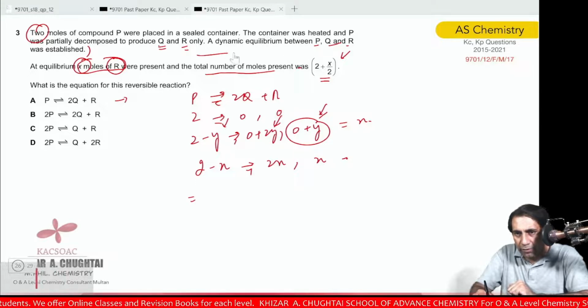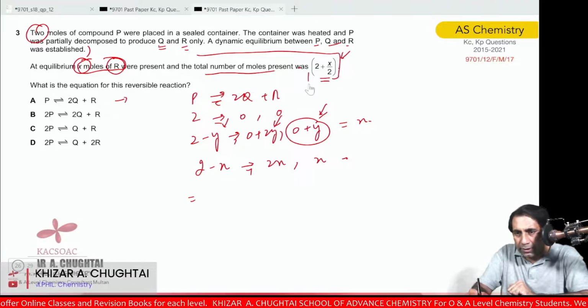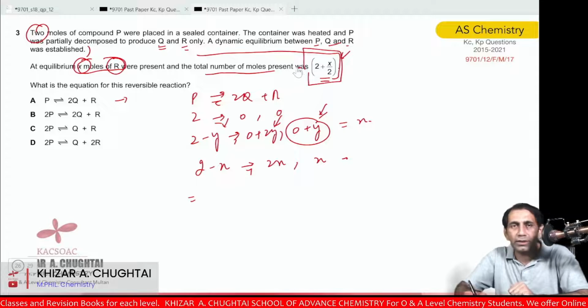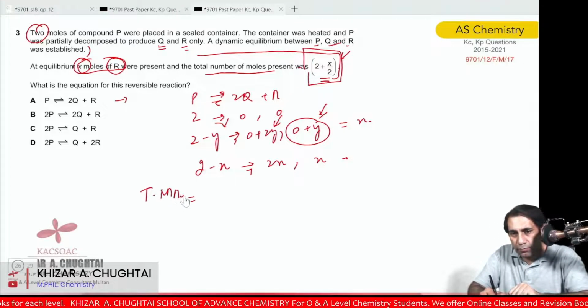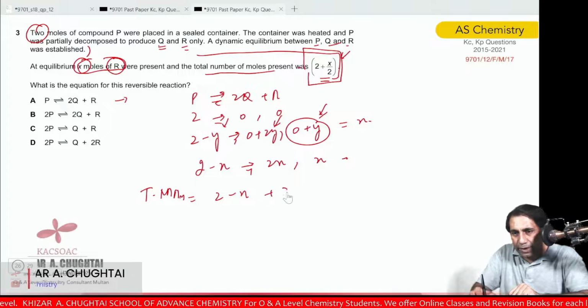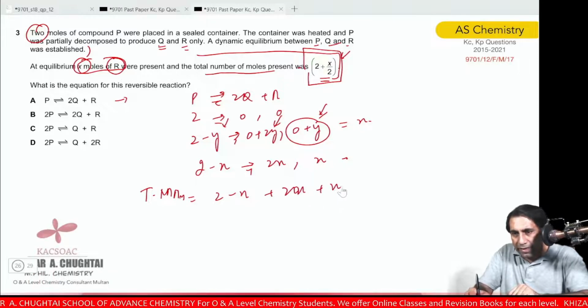Just to confirm, the total mole must be equal to 2 plus X by 2. So the total moles, 2 minus X plus 2X plus X.